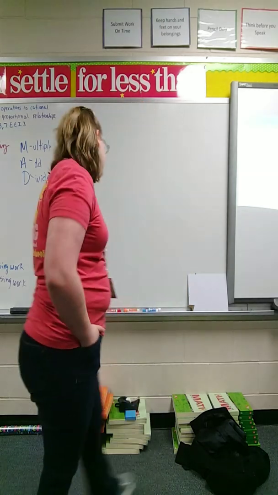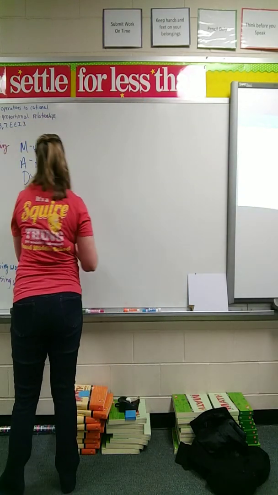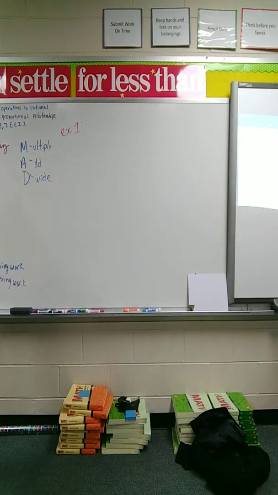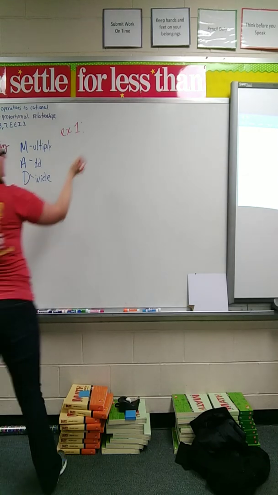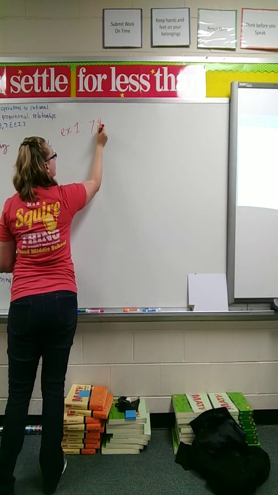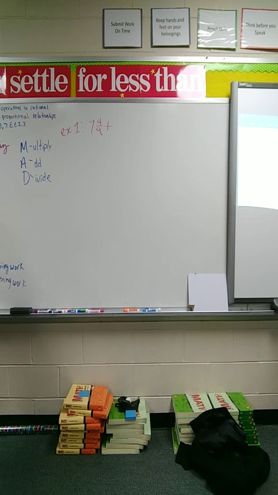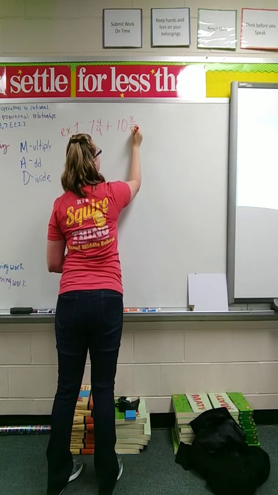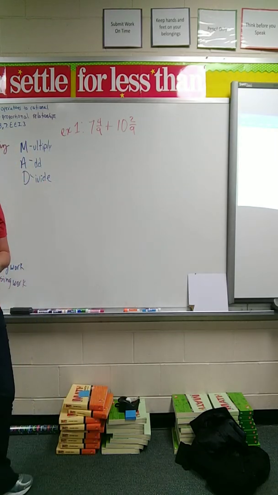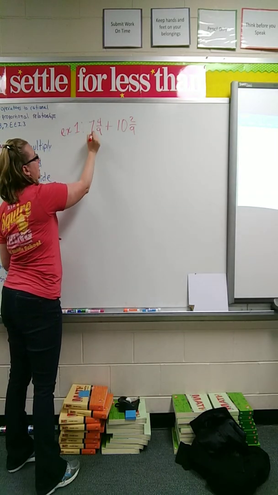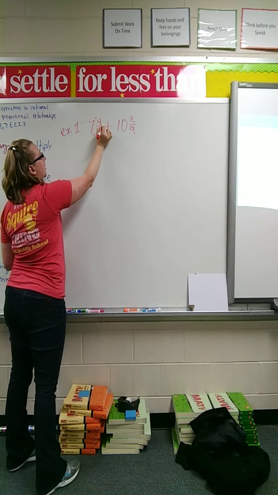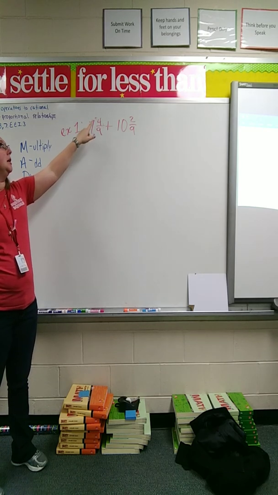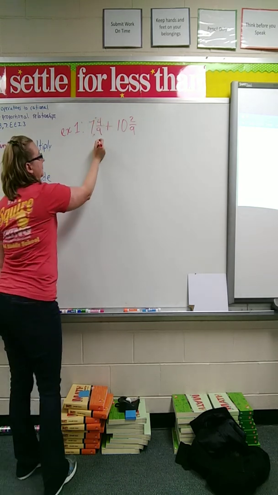In Example 1, we are asked to add 7 4/9 to 10 2/9. When I get MAD, I multiply the 9 times the 7, I add 4, and I divide by 9. 9 times 7 is 63, plus 4 is 67.